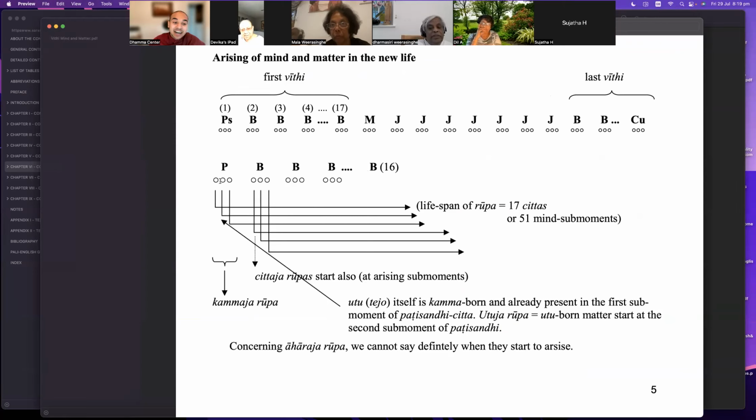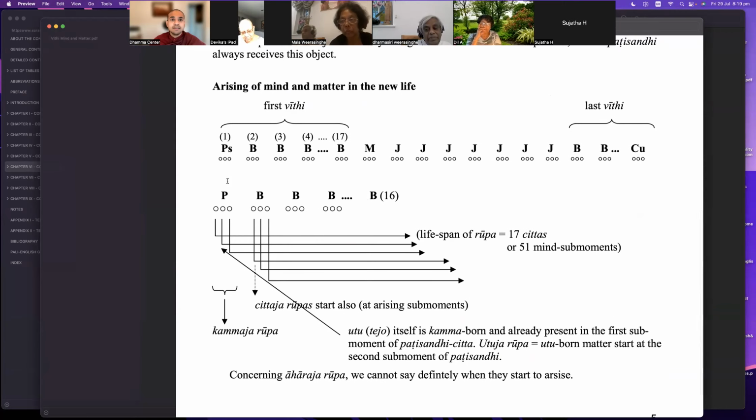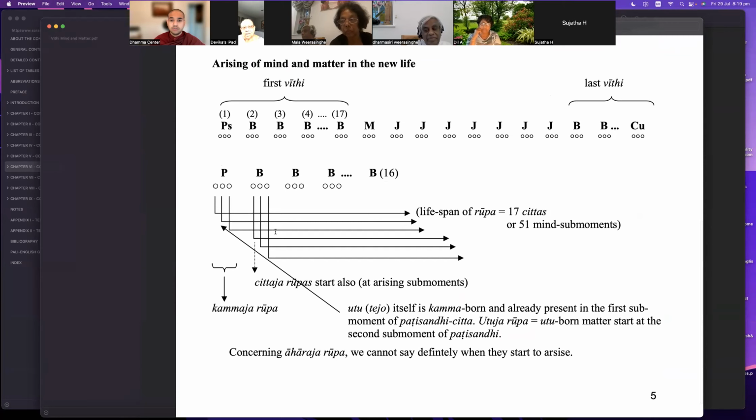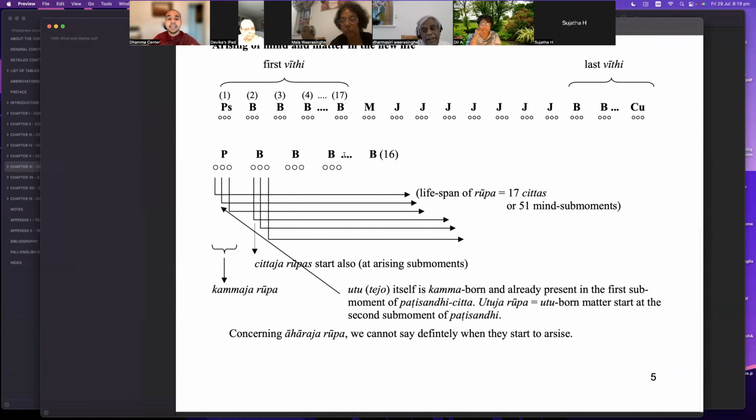Basically, this Karmaja Rūpa arises. No, we can't even take this chart, right? Because this is against Chitta. None of this arises. Basically, death from the previous birth, Chitta Cheda, right?